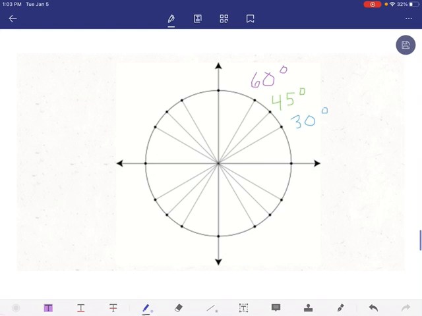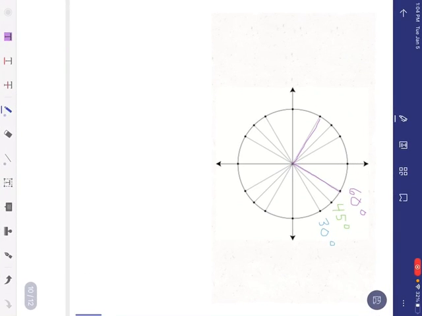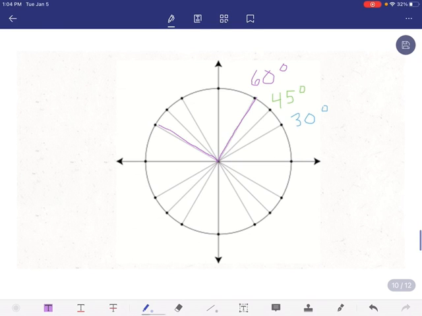Now, hopefully we notice that in between our first and our second quadrant, it's going to be 90 degrees. That means that if I go from my 60-degree angle and I add 90 degrees to get to this last one, I would take 60 plus 90, and we're going to get 150.